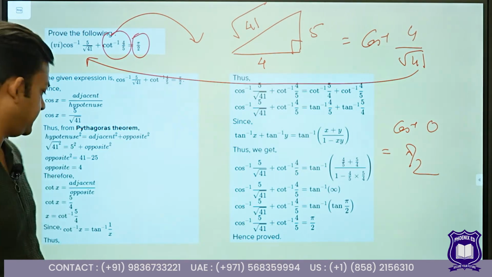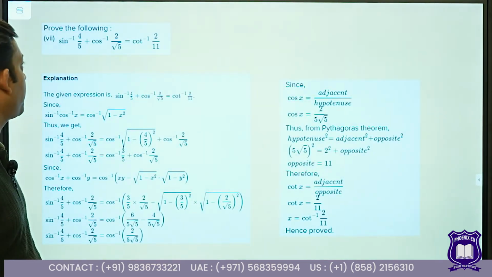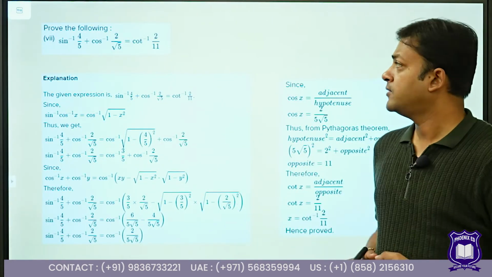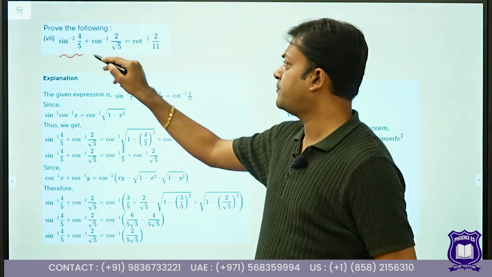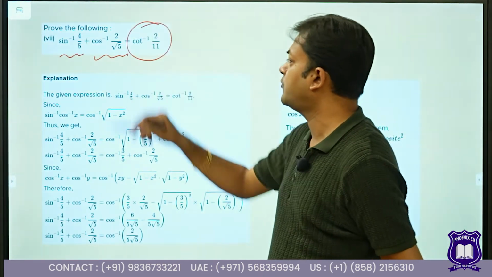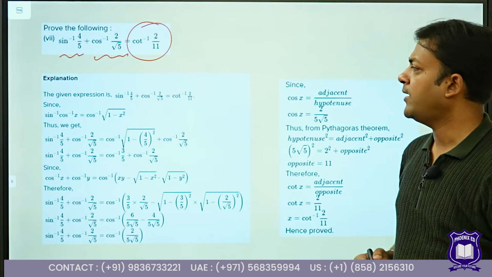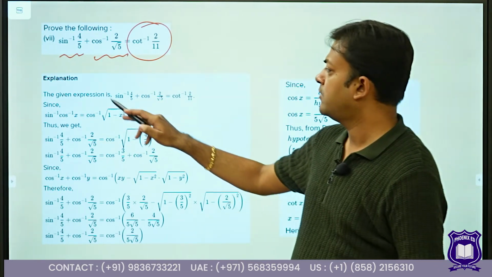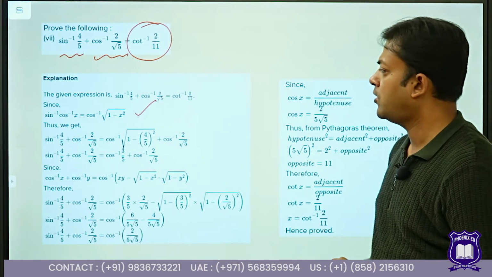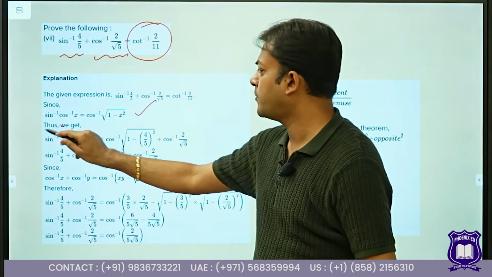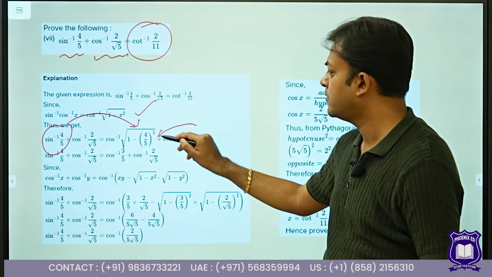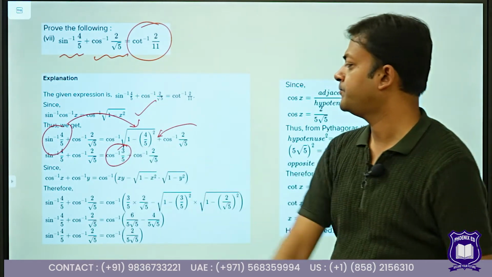In this problem, we have to simplify the term sin inverse 4 by 5 plus cos inverse 2 by root 5 and prove it is equal to cot inverse of 2 by 11. Step 1, we would need to convert the sin inverse term into cos inverse. So on doing so, sin inverse 4 by 5 becomes cos inverse 3 by 5.